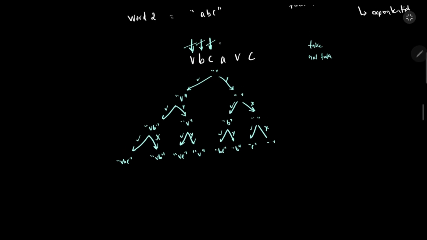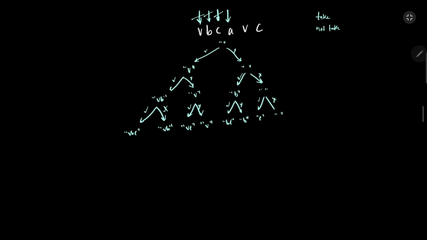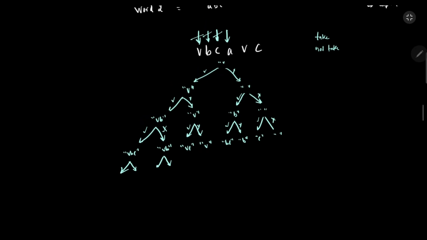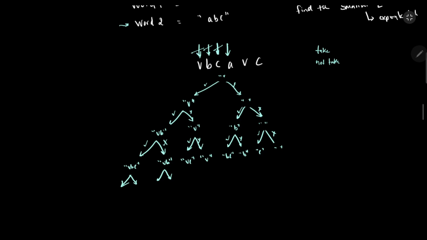Now again we move the pointer to the next one. Again for each one we have two choices, either we can take it or not take it. But observe that we only need a sequence of length equal to word2.length. That is, if the current sequence length is equal to the word2 length, then we cannot explore further.